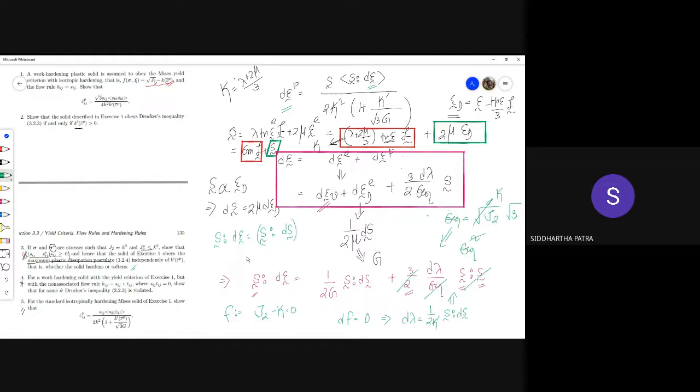So you'd get 1 by 2g plus, from over here, root 3k divided by twice k prime, right?